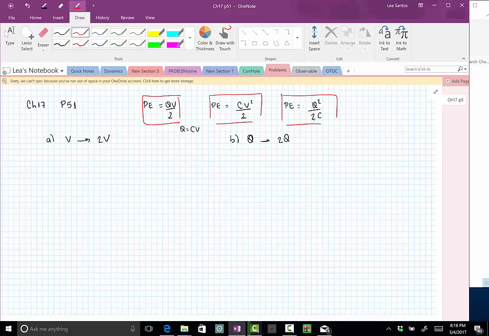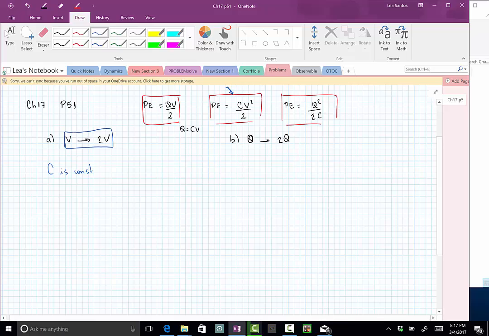I didn't do anything to my capacitor. I just discarded the battery that I had there and brought another one that is twice as powerful. So all this to say that in part A, the capacitance is constant and what I change is the potential difference. So what is the best equation to use in this case? Well, the best equation to use is this one.